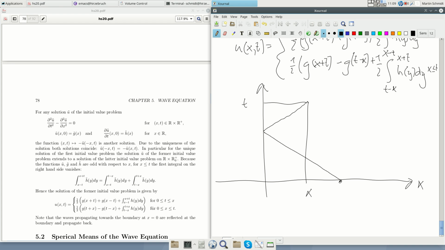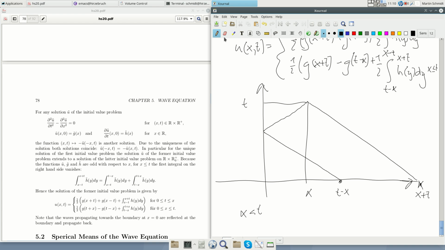So we end up at this point, and of course also at this point here. Here we are in the situation that x is larger than t, and this is of course the situation where x is smaller than t, and then we have t minus x. So this is t minus x, and this is x plus t.